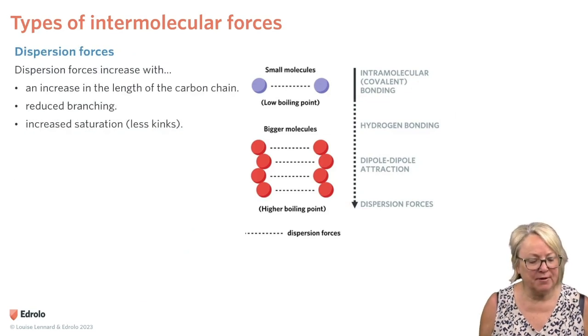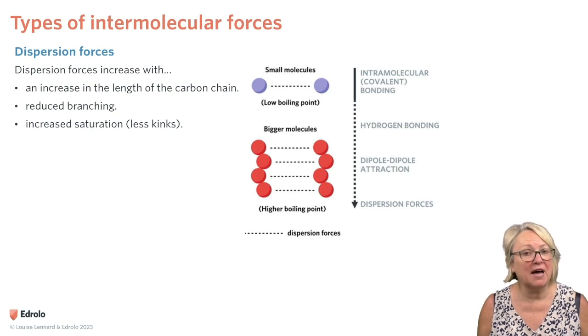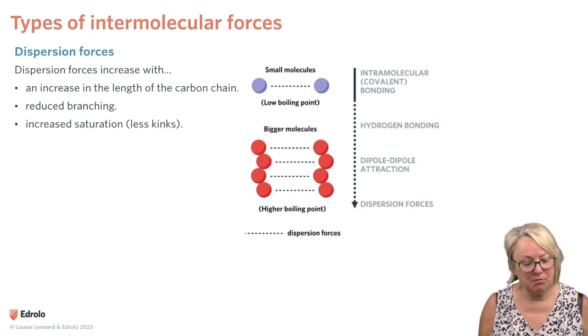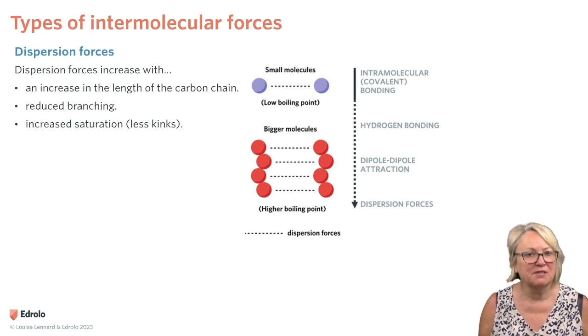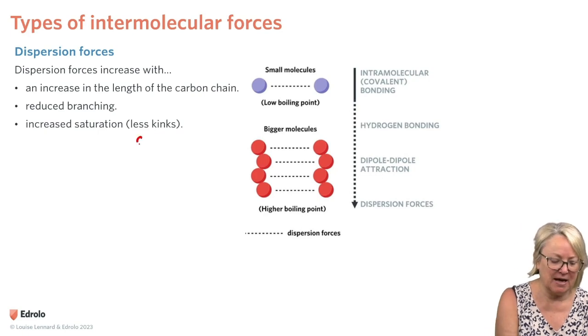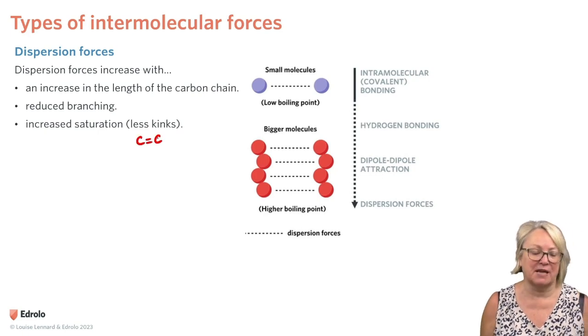Dispersion forces increase with an increase in the length of the carbon chain. They also increase with less branching, so less alkyl groups coming off the side of the parent chain. And they also increase with increasing saturation, so less carbon-to-carbon double bond kinks in the chain.